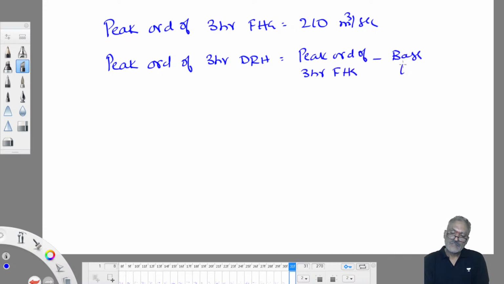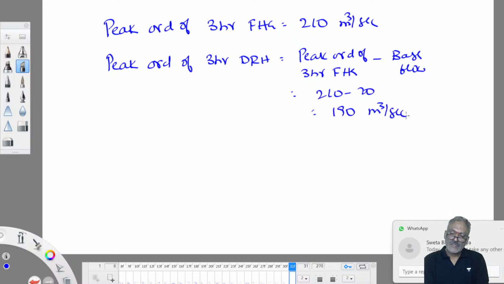Base flow is also given: 210 minus 20. It is 190 meter cube per second.